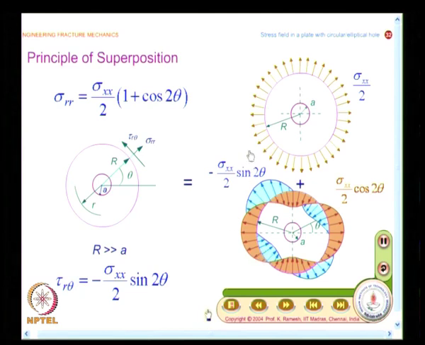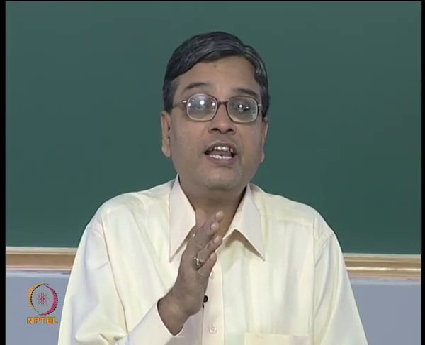and add these two. When I find out sigma XX component 1 here, component 2 here, you could add them, because we are living in the domain of linear elasticity. In linear elasticity, one of the very powerful methodologies is the principle of superposition.